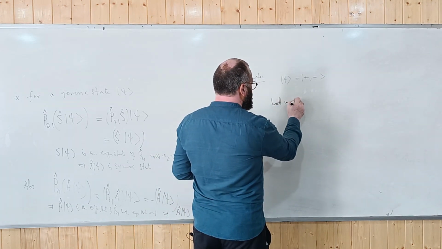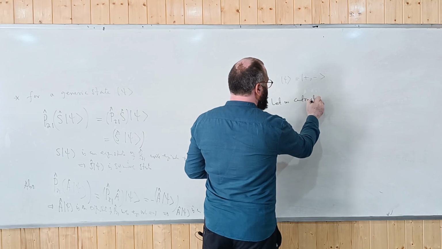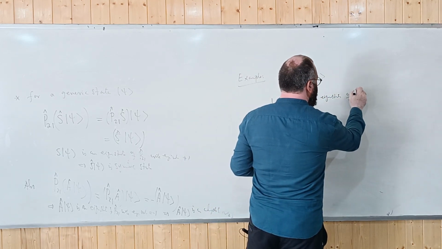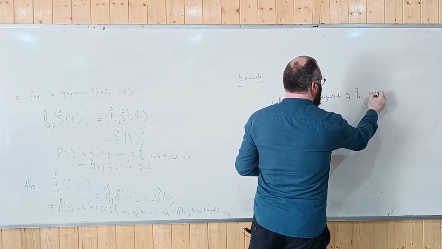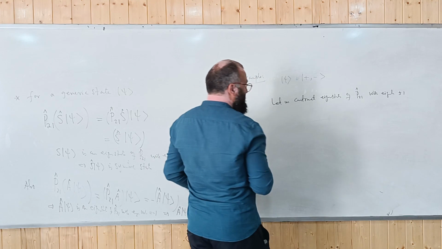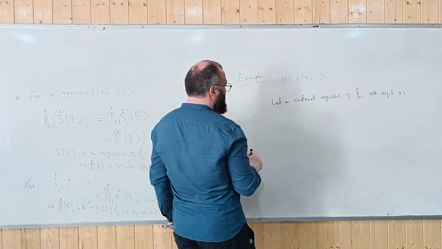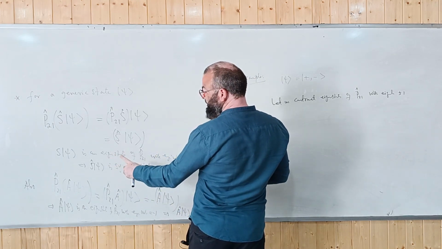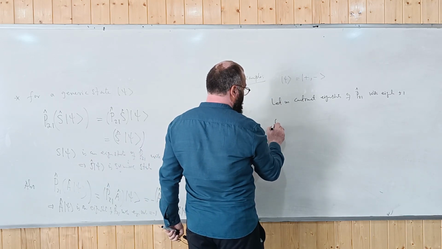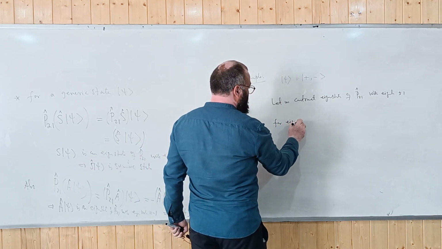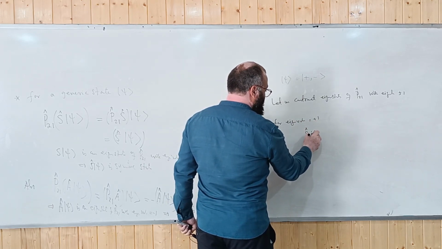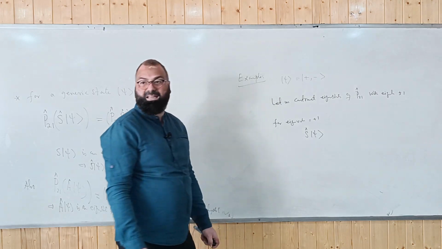Construct eigenstates of the permutation operator P21 with eigenvalue, let's say, plus or minus 1. Let me take the plus 1. Which is the eigenstate with plus 1? S psi. So for eigenvalue equal to plus 1, my eigenstate is S psi.